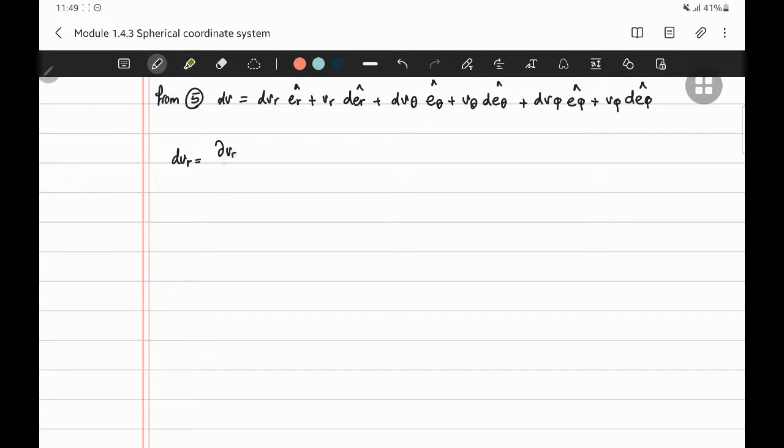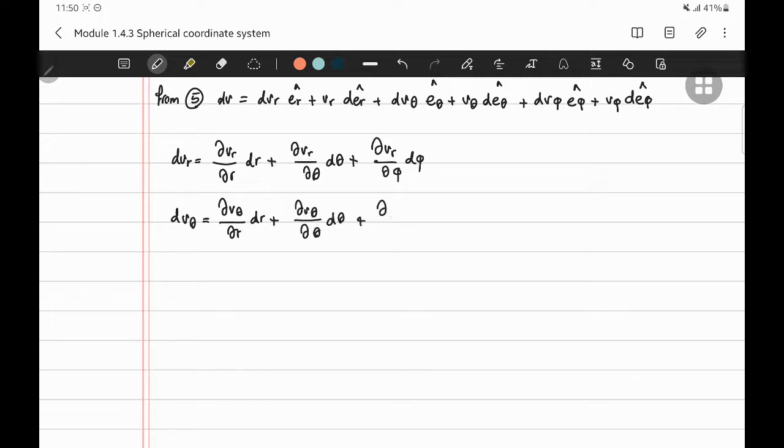So I have the partial derivative of v_r with respect to r dr plus the partial derivative of v_r with respect to theta d theta plus the partial derivative of v_r with respect to phi d phi. dv_theta is the partial derivative of v_theta with respect to r dr plus the partial derivative of v_theta with respect to theta d theta plus the partial derivative of v_theta with respect to phi d phi, and dv_phi is equal to the partial derivative of v_phi with respect to r dr plus the partial derivative of v_phi with respect to theta d theta plus the partial derivative of v_phi with respect to phi d phi.